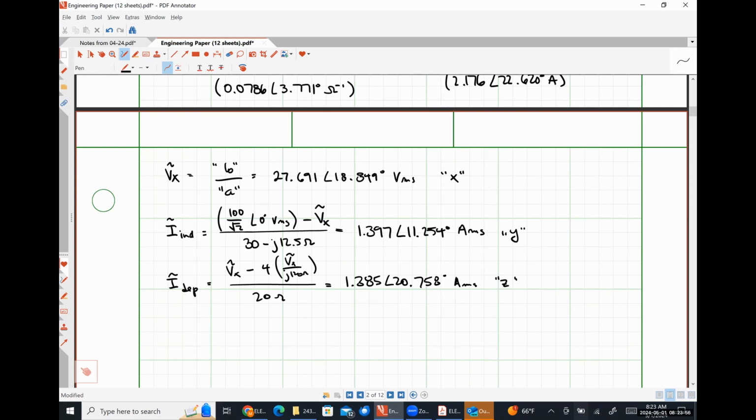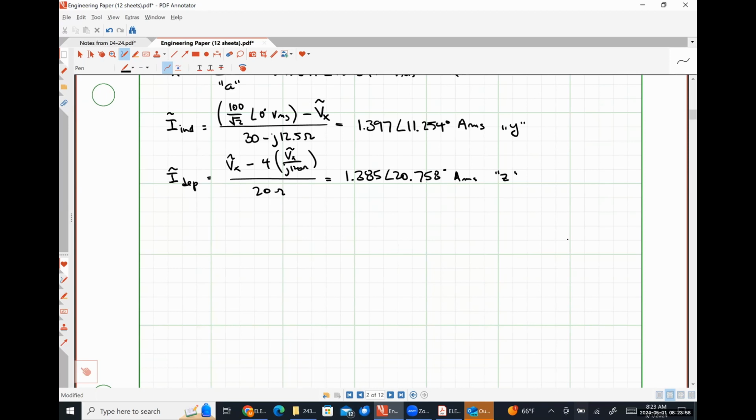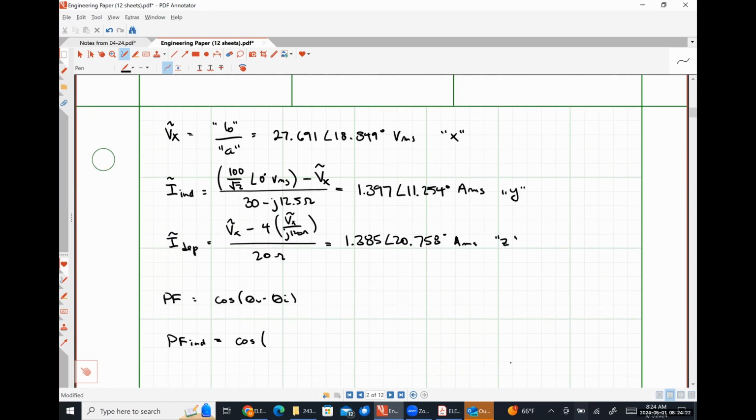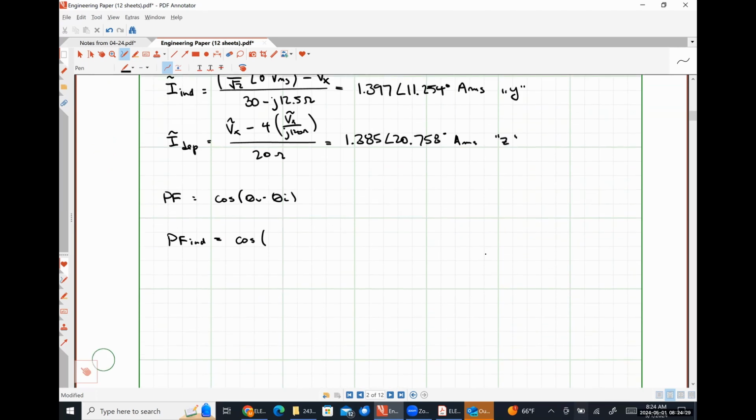All right, so recall please that our power factor in general is simply the cosine of theta V minus theta I. So the power factor for our independent source is going to be the cosine. Theta V here is the phase angle of the voltage drop across our independent source, which is 0 degrees, right?